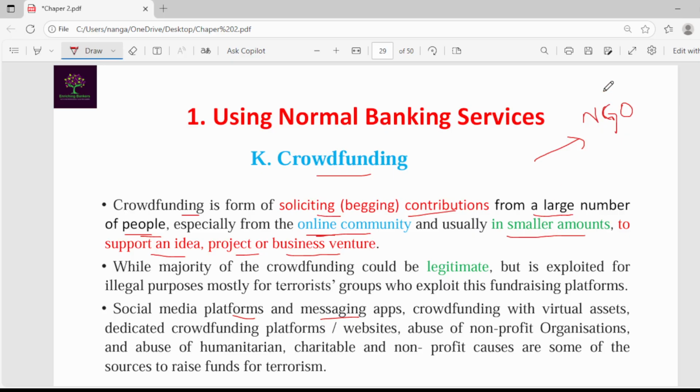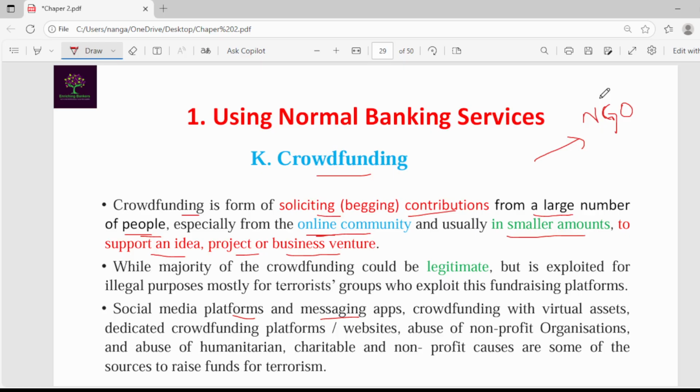In that advertisement, they say that if you contribute 100 rupees, that will be used for lunch for a child. If you contribute 500 rupees, that will give food for a day to a child. Like that, they give advertisements.